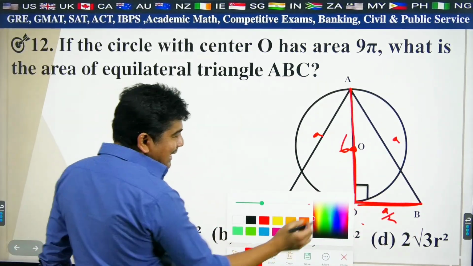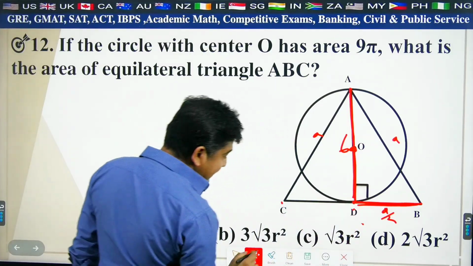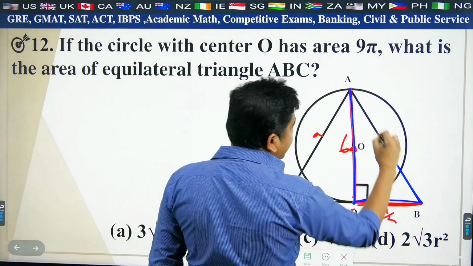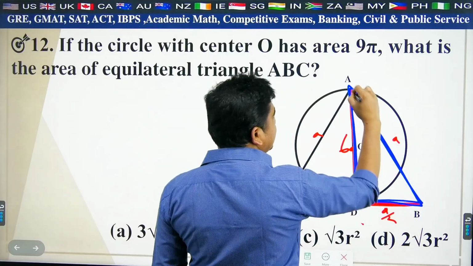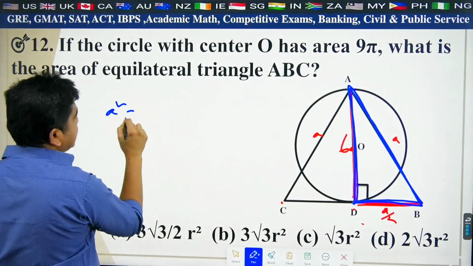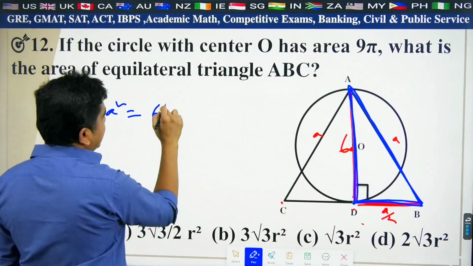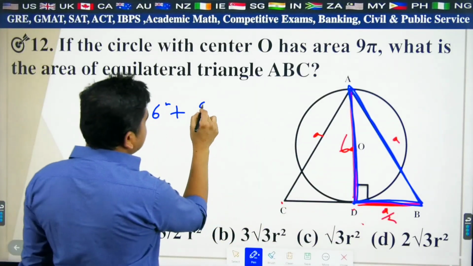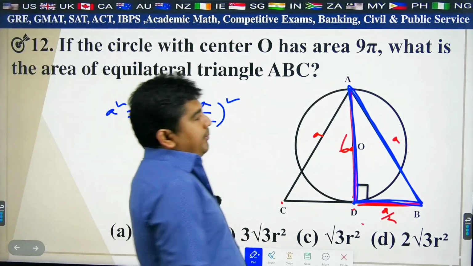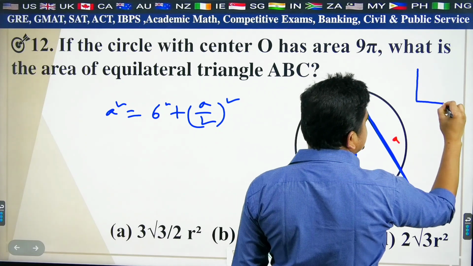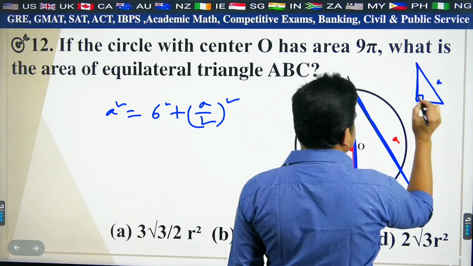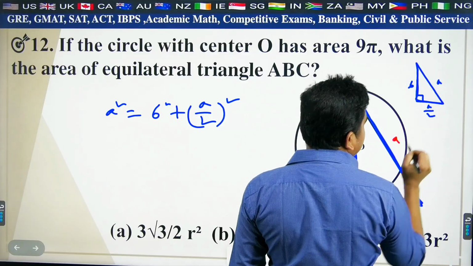So in case of this triangle ADB, we can find out a square. a square equals 6 square plus (a by 2) square. By the Pythagoras theorem, in this right triangle, this side is a, this one is 6, this one is a by 2.